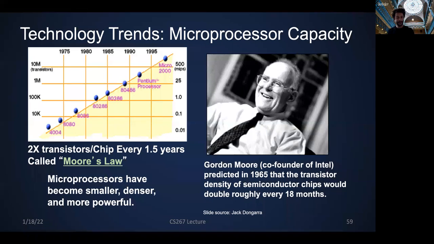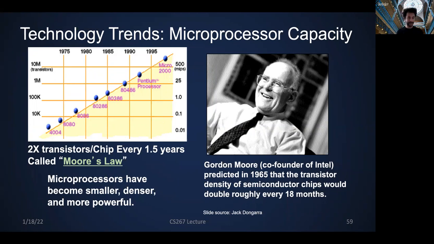So let's talk about a well-known law called Moore's law. Moore's law really talks about transistor density. The transistor density increases the way Gordon Moore, who is the co-founder of Intel, stated, that the transistor density would double roughly every 18 months.